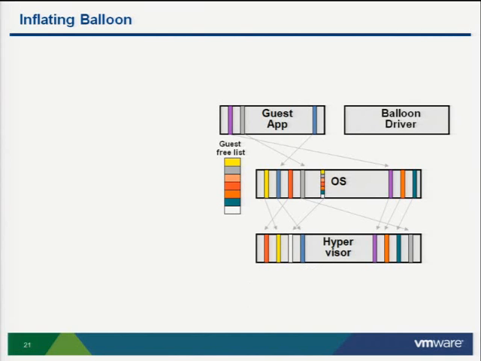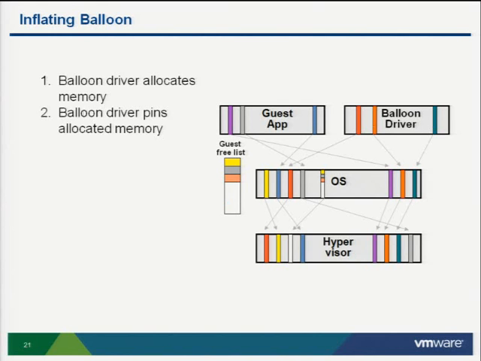And we want to reclaim some memory from the guest. So, the first thing that happens, the balloon driver allocates memory. So bam, there it goes. It calls in, the guest free list shrinks a bit. Now, the balloon driver does something that's called pinning that memory. What it means to pin memory, it's a standard operating system term.